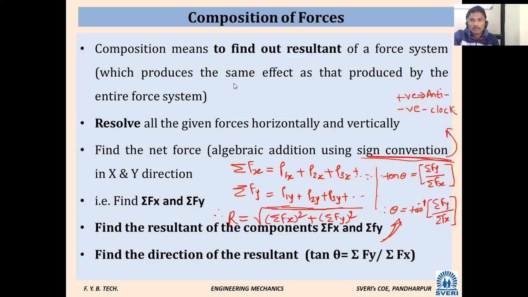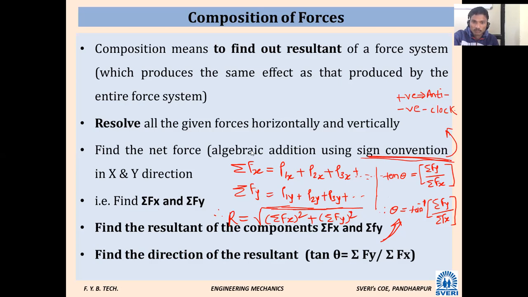We need to remember the sign conventions for force: which force to consider negative and which positive, in terms of principal directions or quadrants. First we have to resolve the forces into their x component and y component.